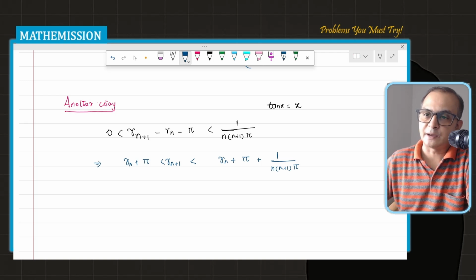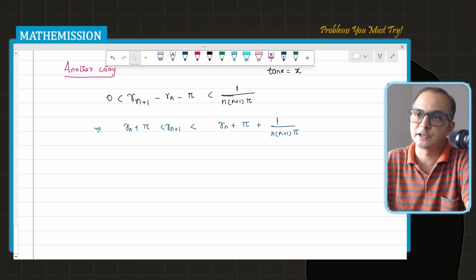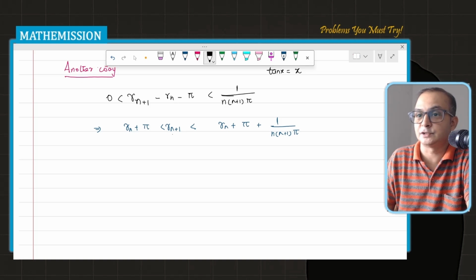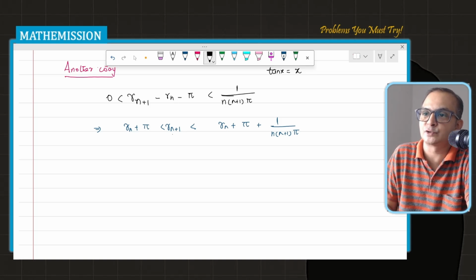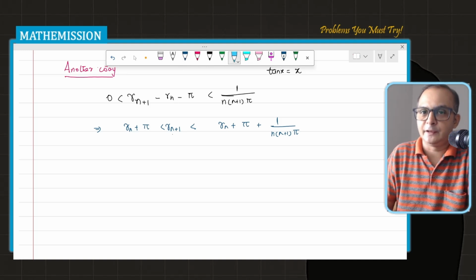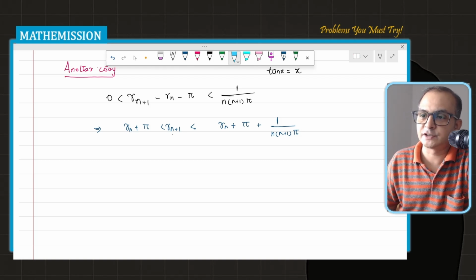If we can establish this also, it is actually equivalent to the original expression we have to prove. So by any chance, can we prove that Rn plus 1 lies between Rn plus pi and Rn plus pi plus this quantity? What does it mean? You notice one thing. Even if you don't solve this question completely, you get a very interesting idea.